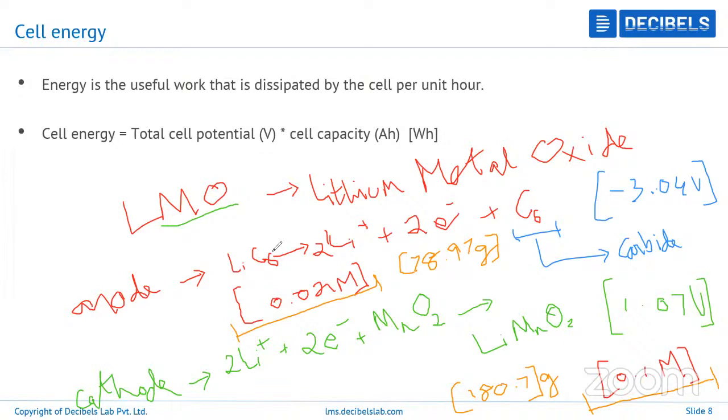Yeah, that is correct. That is almost the correct value. You would get something like 4.1098.